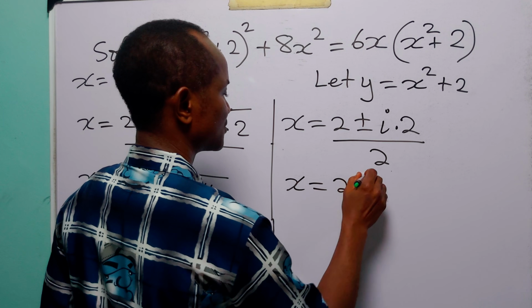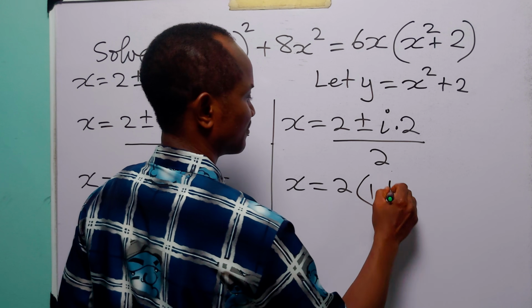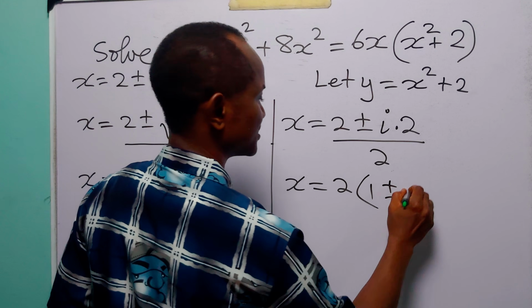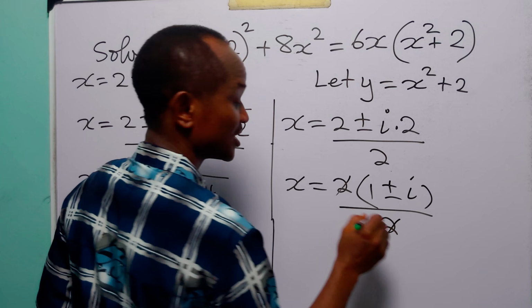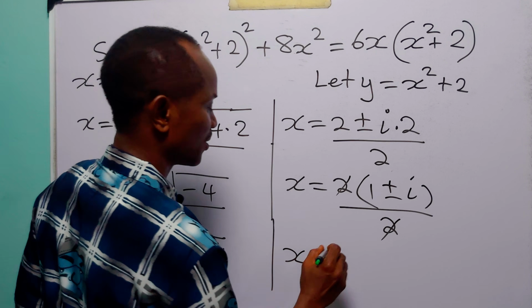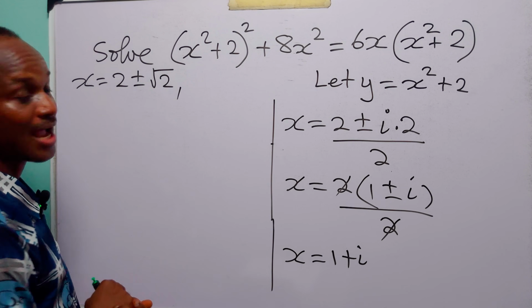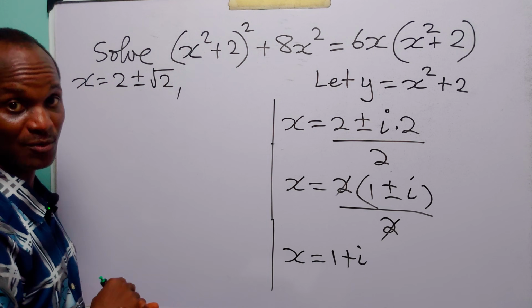x is equal to 2 divided by 2 is 1 plus or minus 2i divided by 2 is i, all over 2. This is going to take care of that, and we have that x is equal to 1 plus i. And ultimately, we have all the four values of x that satisfy this equation.